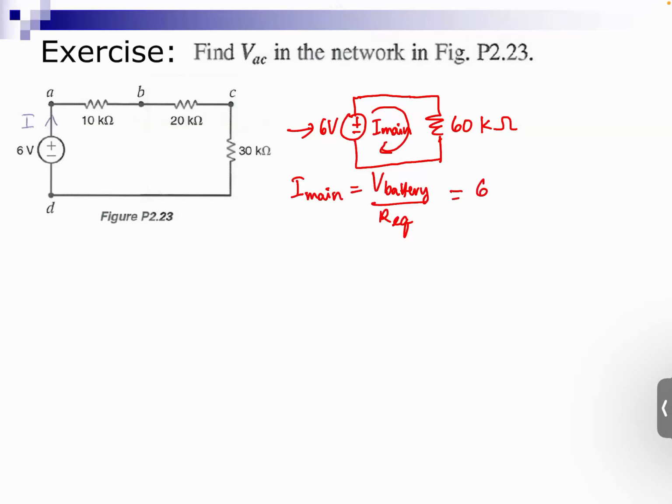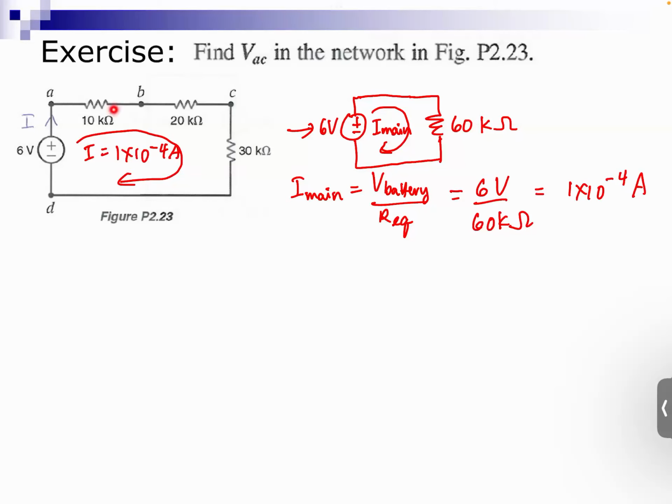So you have 6 volts divided by 60 kilo ohms, which is 1 times 10 to the minus 4 amps. So you have current flowing through your circuit. This current I is equal to 1 times 10 to the minus 4 amps.